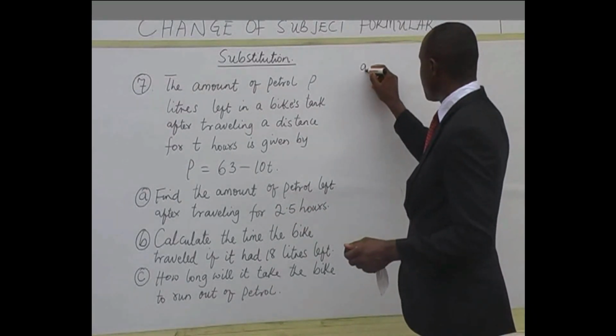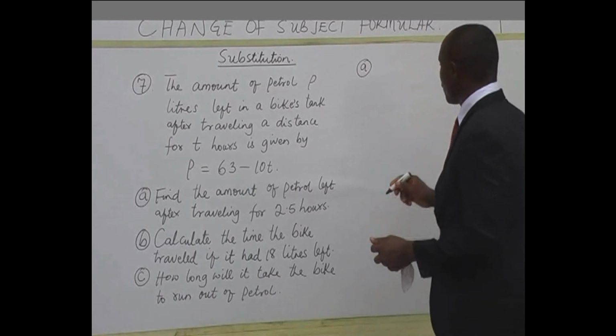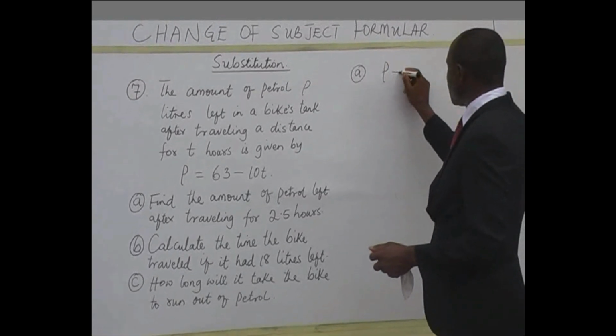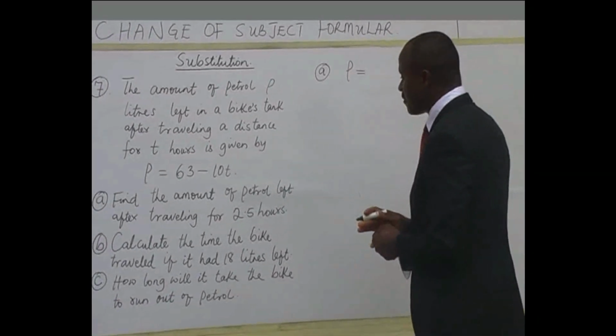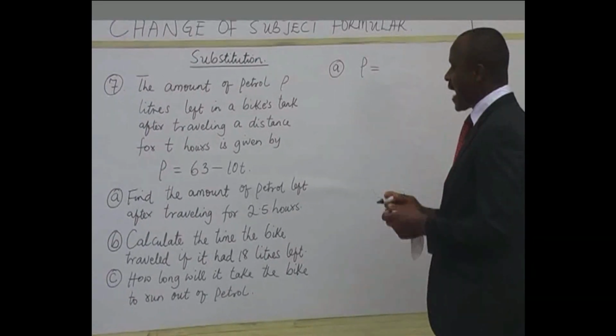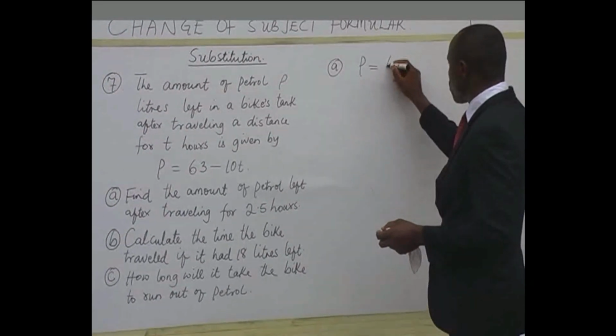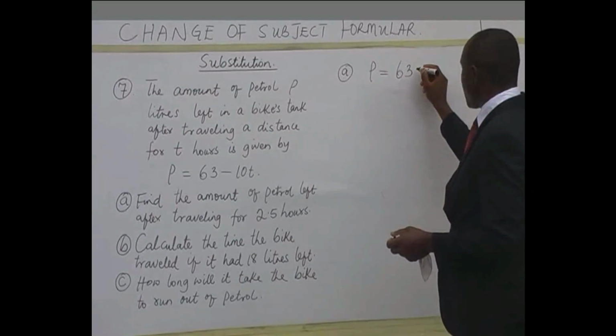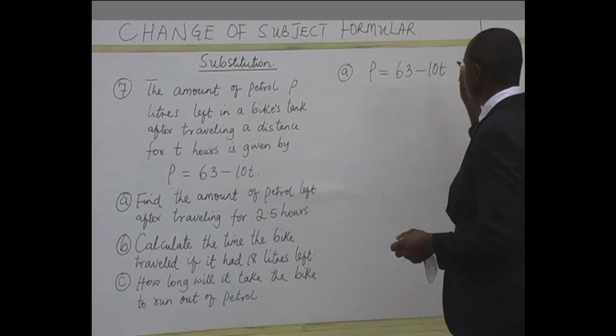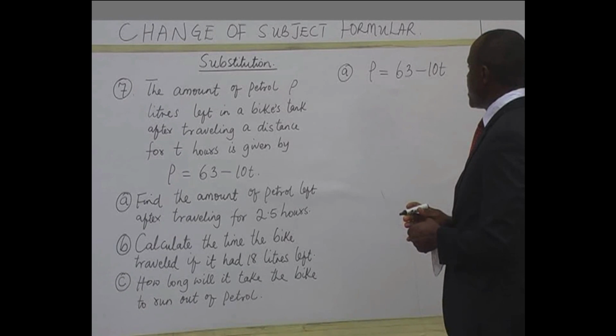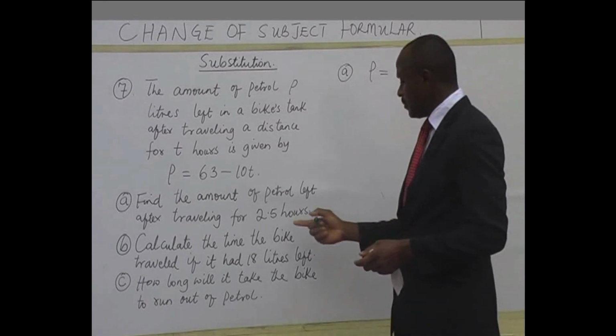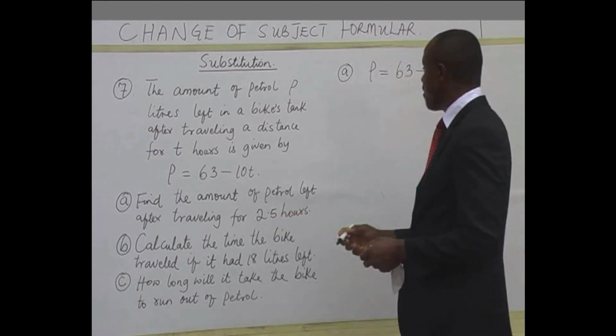Question number 8. The formula that shows the amount of fuel left after traveling for a particular time is given by P is equal to 63 minus 10T. Now the time has been given to be 2.5.